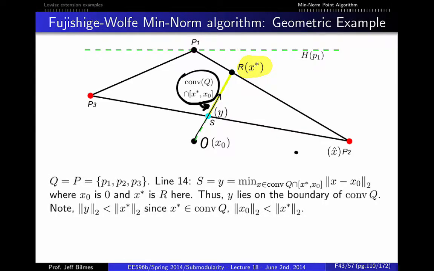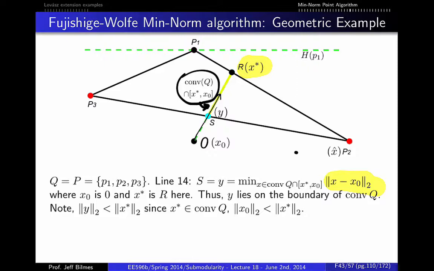And what we get as a solution is point S, which is also equal to y in the algorithm. And we see that y lies at the boundary of the convex hull of Q. In general, that's going to be the case, because remember, x naught in this particular case was in the affine hull but not in the convex hull. And since the affine hull is bigger than the convex hull, that's going to be bigger, and that's going to be smaller, a minimum norm point.